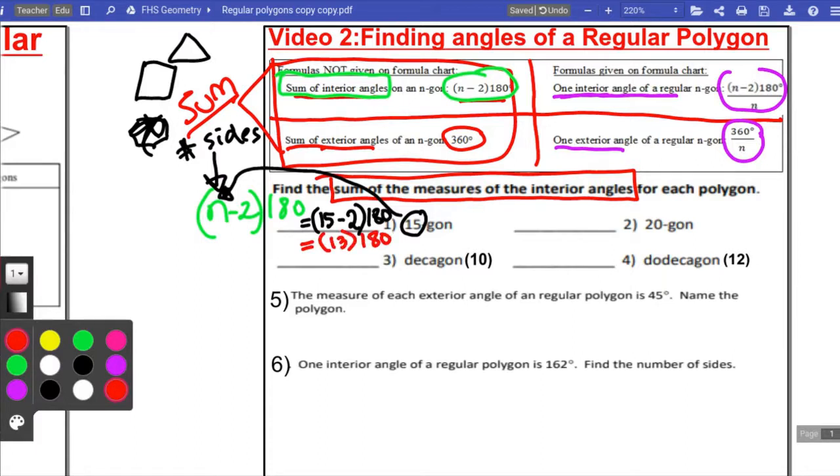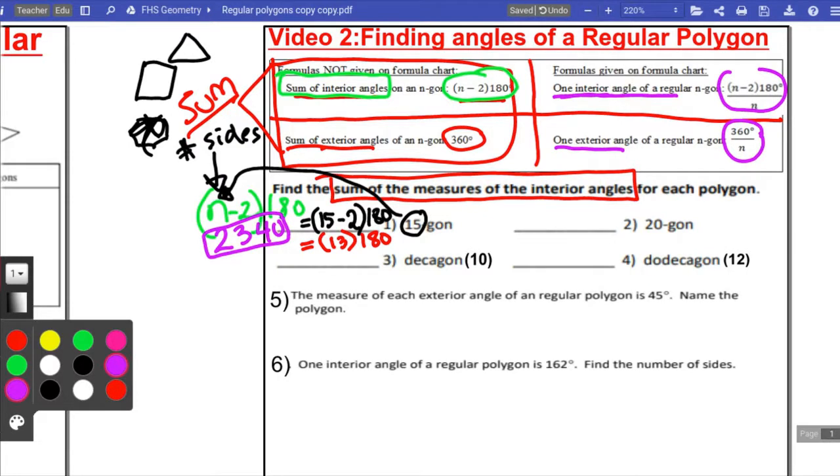Now use your calculator, whether it's your phone or whatever it is. 13 times 180, what do I get? I get 2340. What does this represent? This is a sum. If you add all the interior angles of that polygon, I will have 2,340 degrees.